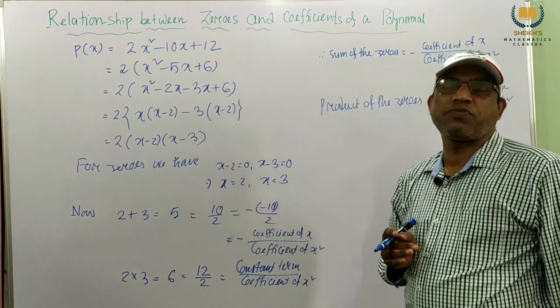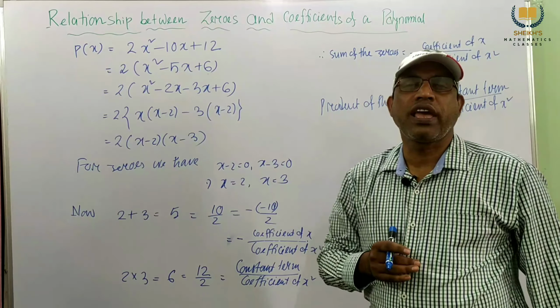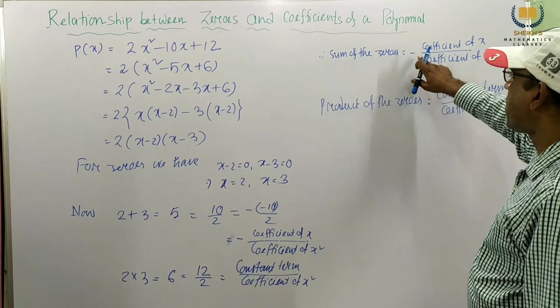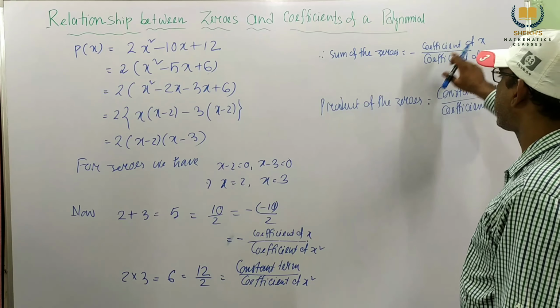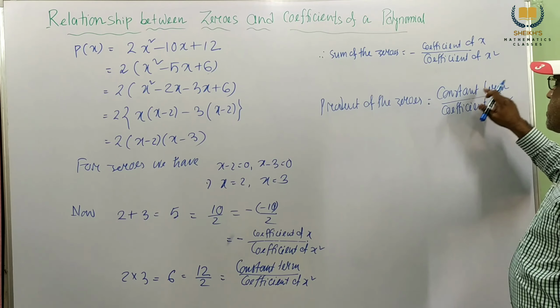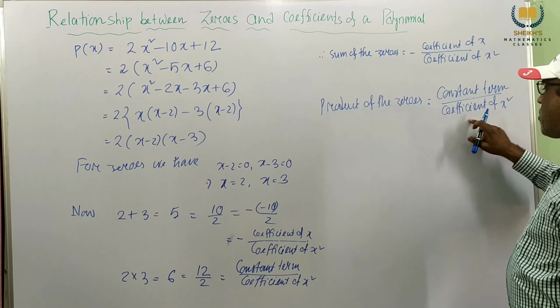This is the formula, the relationship between zeros and coefficients. You just have to remember: sum of the zeros equals minus coefficient of x by coefficient of x², and product of the zeros equals constant term by coefficient of x².